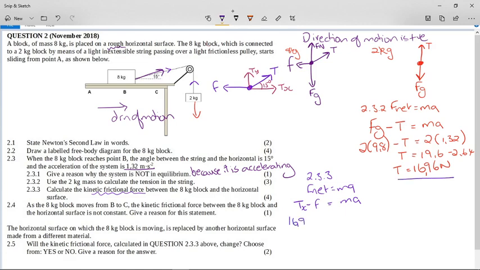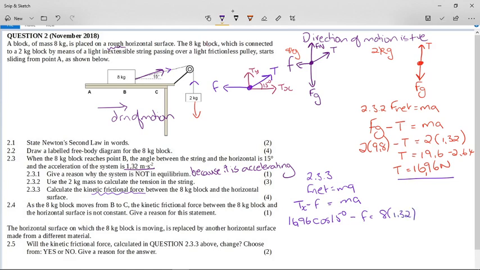So how do we find the X component? We multiply it by the cos of the angle, because by trigonometry, T cos 15 gives you Tx. Minus F is going to be equal to ma. This mass was 8 and my acceleration was 1.32.